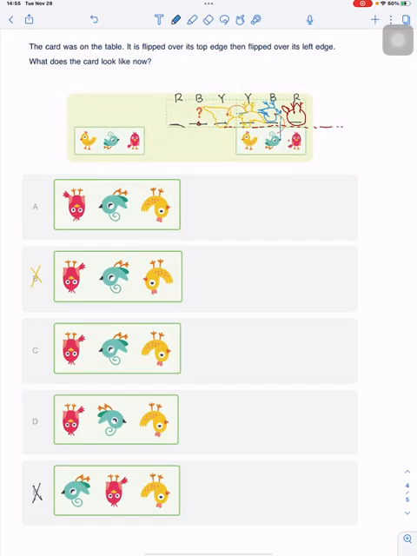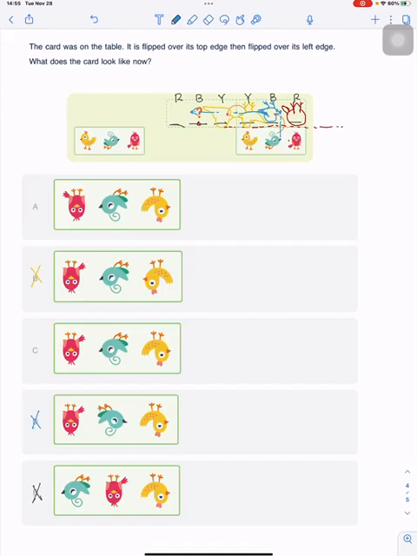Remember, the distance should be the same, right? So the beak is going to be on the left side, right? So now, after we make sure of that, we can eliminate which choice? Choice D, right? Because choice D is pointing to the right.